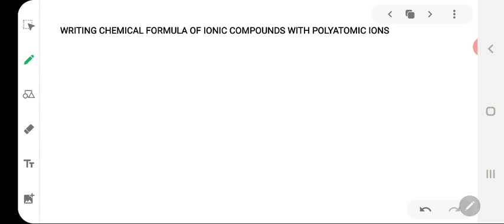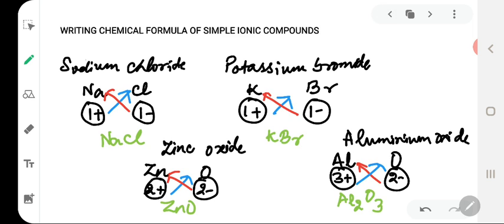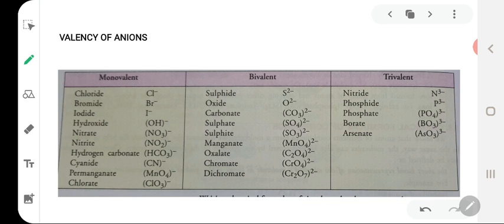Now we will try to write down the chemical formula of ionic compounds containing polyatomic ions. Now if we look at the list that I have shown you for the positive and negative ions, in that we find that mostly the negative ions or anions are polyatomic ions, isn't it? Let's go back to that particular chart.